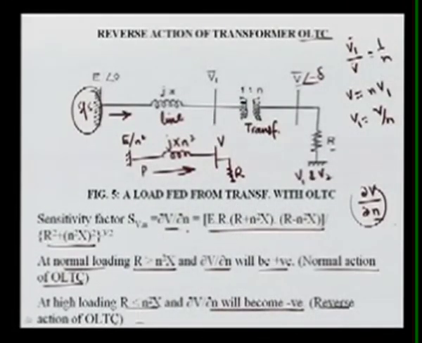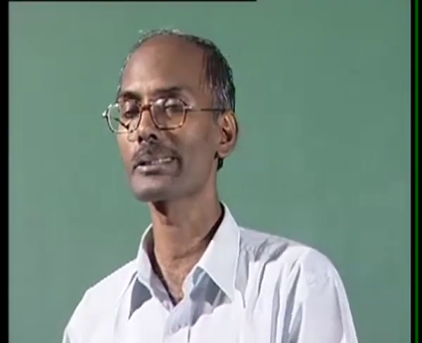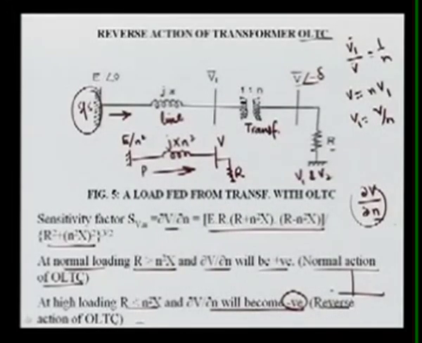But this reverses, because here you can see the sensitivity becomes negative, meaning if you are increasing the tap, voltage is further reduced, and this further reduction in the voltage will cause further collapse. Your voltage keeps on reducing, and finally it is a collapse. So this is a reverse action of OLTC that is very severe, especially in high loading condition.